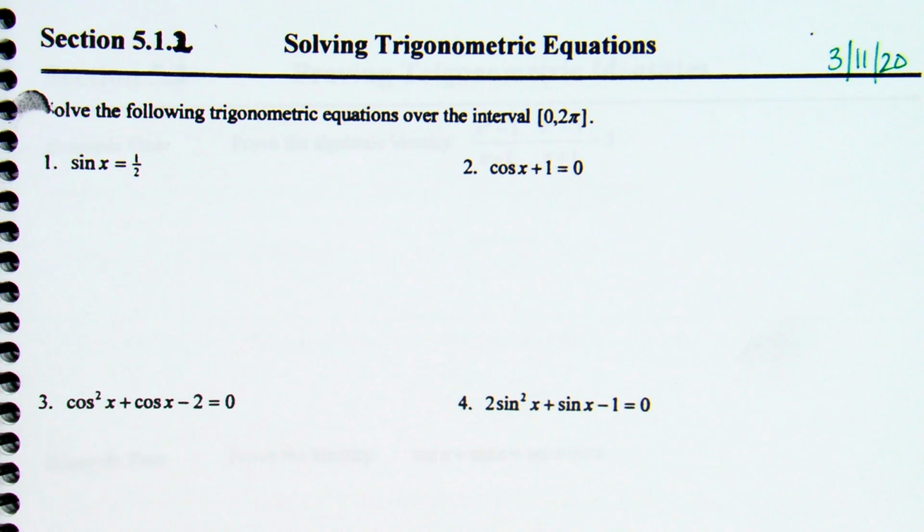If I don't limit it to the interval 0 to 2 pi, there's an infinite number. Officially, it should be a bracket on the 0 and a parenthesis on the 2 pi, because I don't want that answer at 2 pi. I want everything up until 2 pi, but not that answer right there.